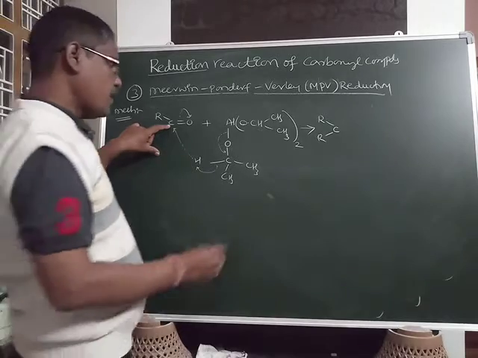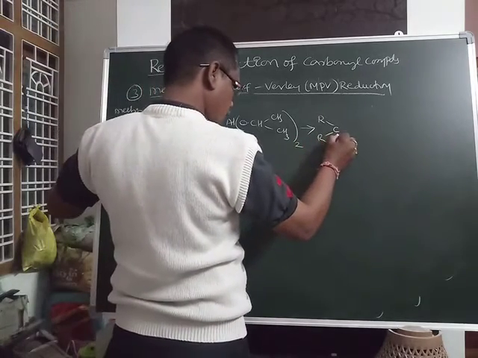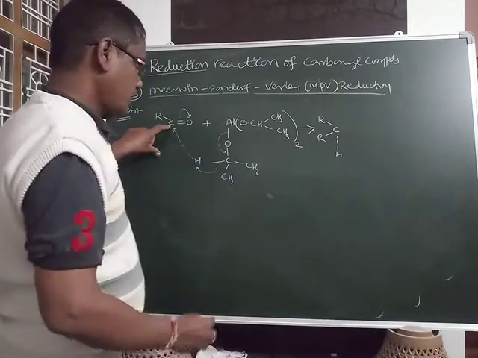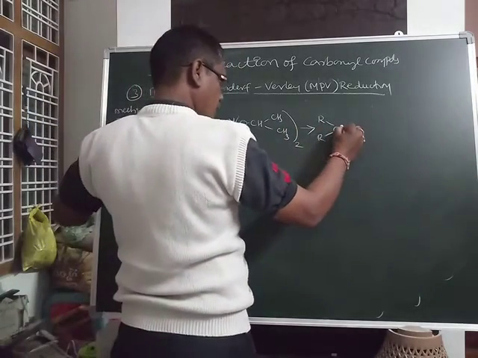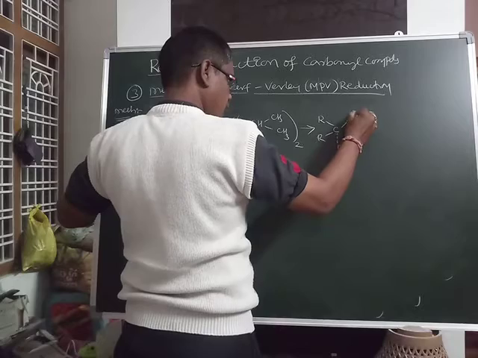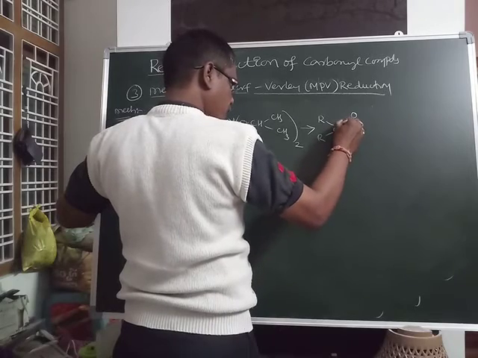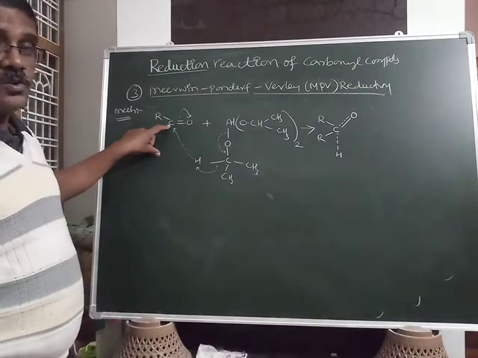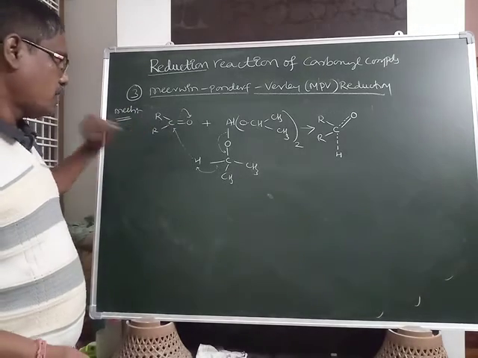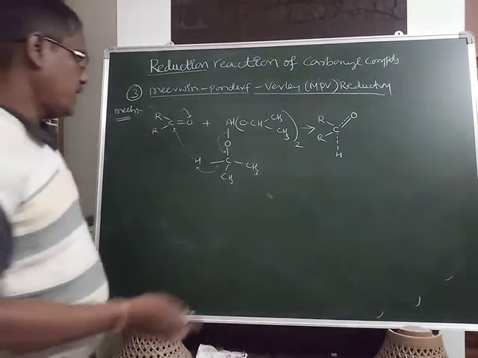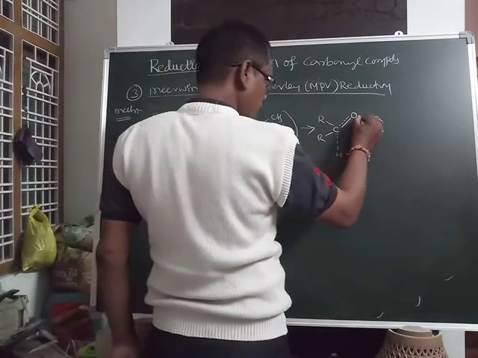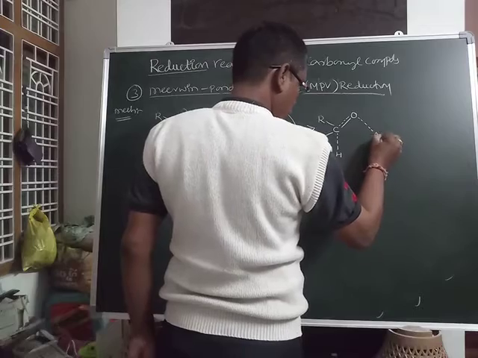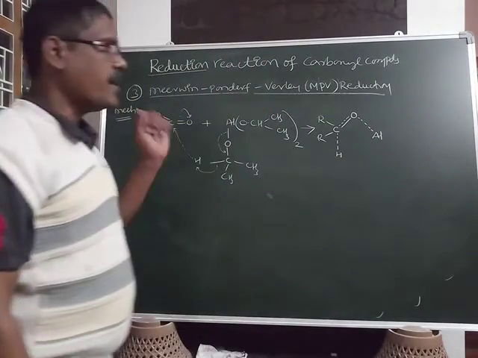Now this carbon is ready to bond with hydrogen. So this is the hydrogen. Here the double bonded oxygen is converting into a single bond. Just I am showing with a dotted line only. That bond is ready to cleave. That's why I am showing with the dotted line only. Now aluminum is also ready to bond with that oxygen only.